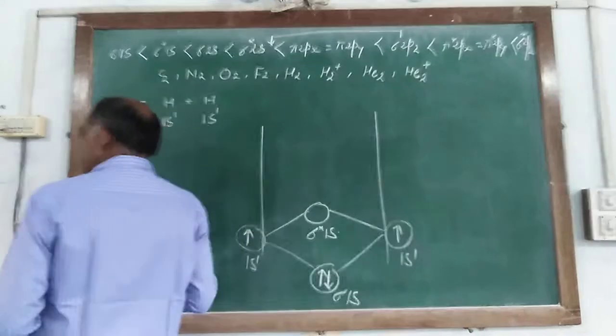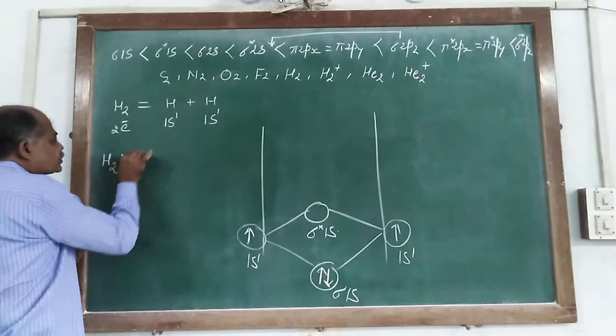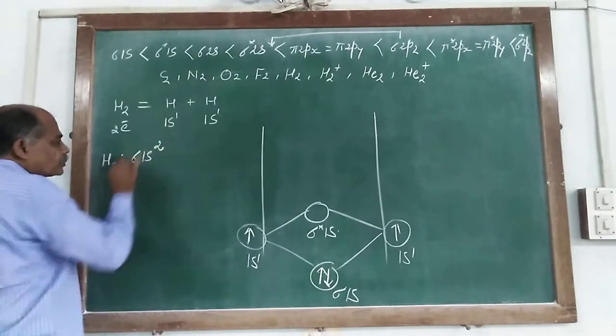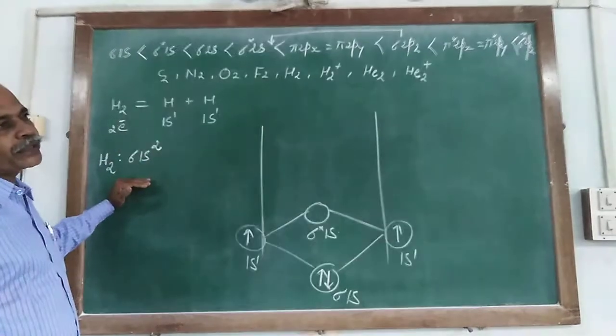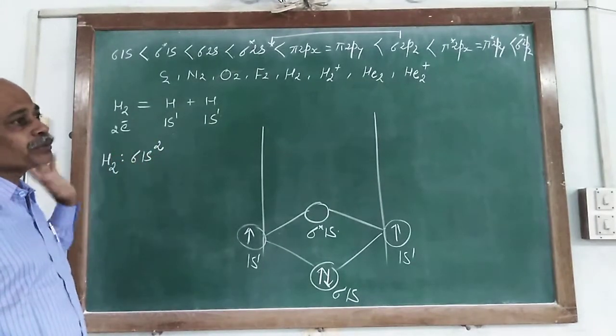Now we write the electronic configuration for the hydrogen molecule. It is sigma 1s2. Now we calculate the bond order between two hydrogen atoms in the hydrogen molecule.